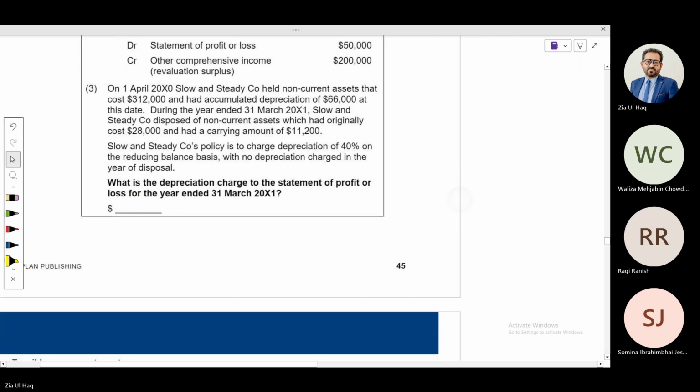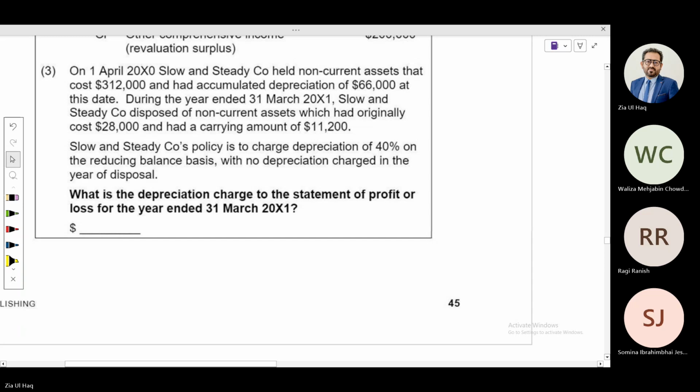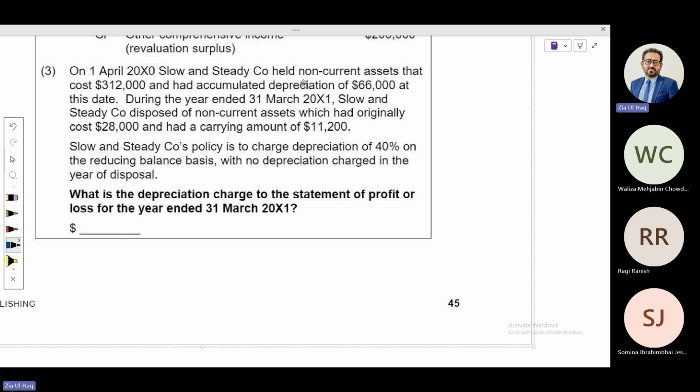Number 3. What is the depreciation charge to the statement of profit or loss for the year ending 31st March 20x1? Please calculate depreciation for the year ending 31st March 20x1. On 1st April 20x0, Slow and Steady Company held non-current assets that cost 312,000 and its cumulative depreciation 66,000.